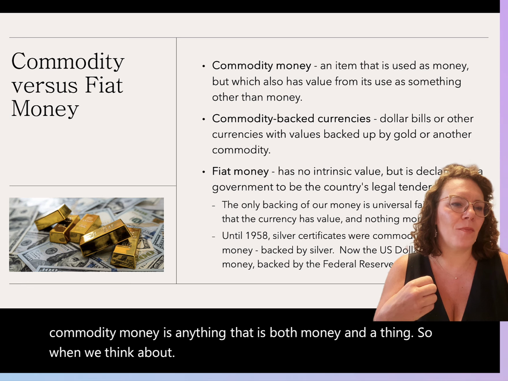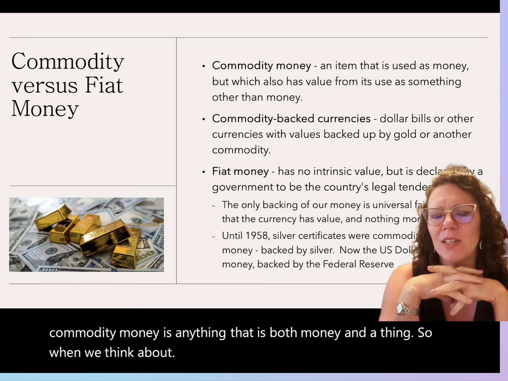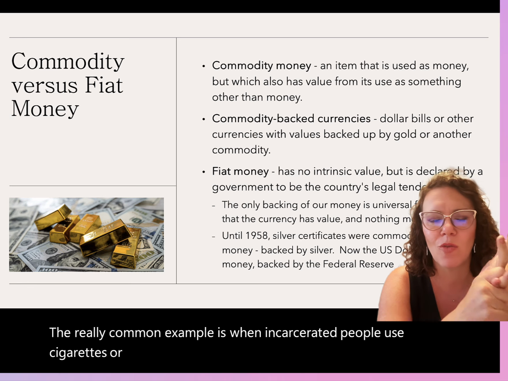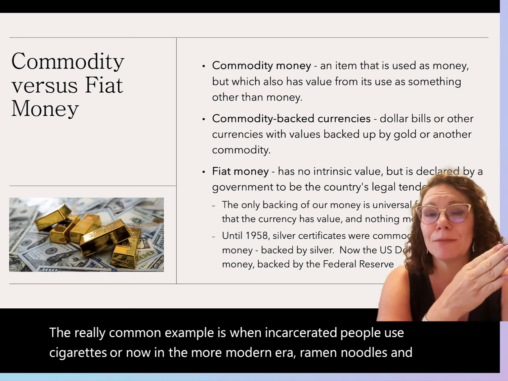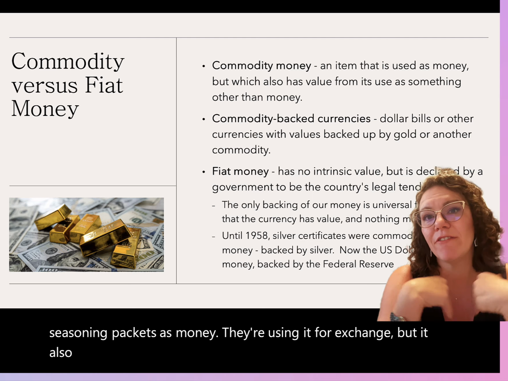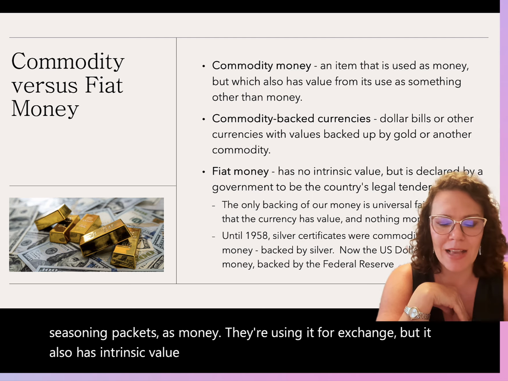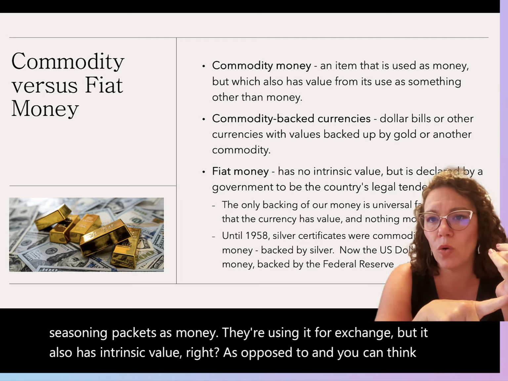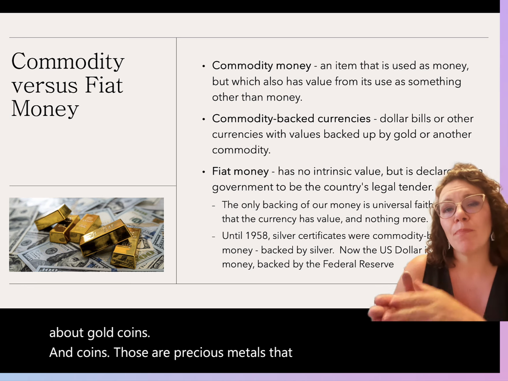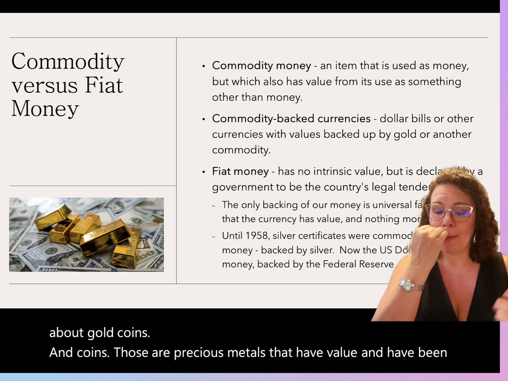The really common example is when incarcerated people use cigarettes, or in the more modern era, ramen noodles and seasoning packets as money. They're using it for exchange, but it also has intrinsic value. We can also think about gold coins and silver coins. Those are precious metals that have value and have been used as money.